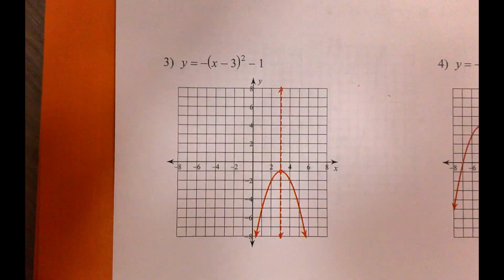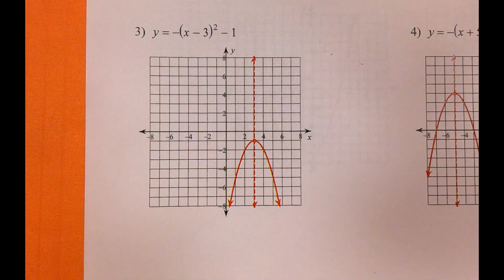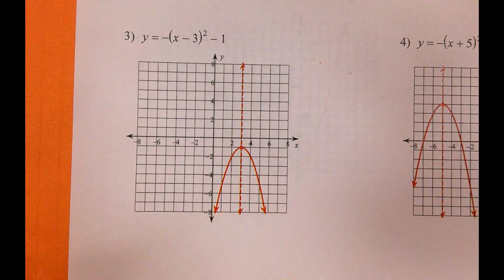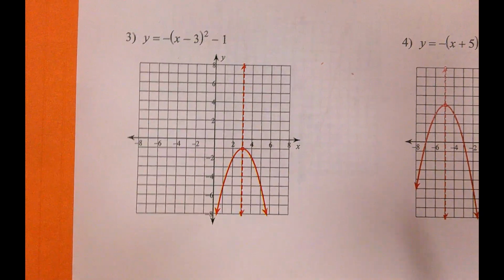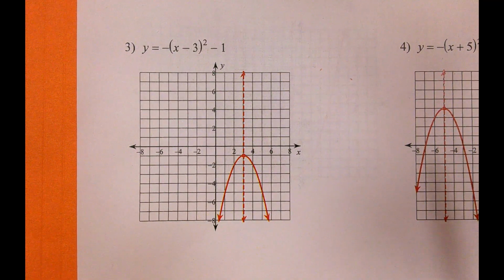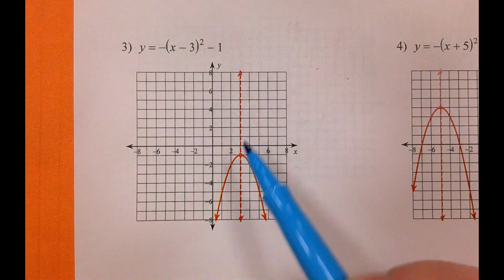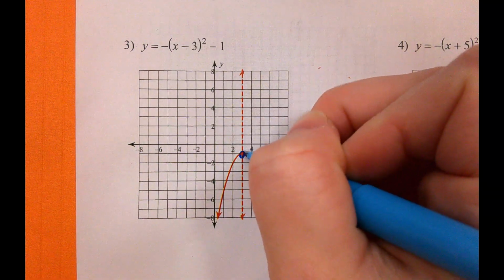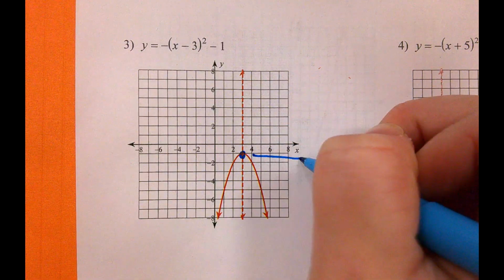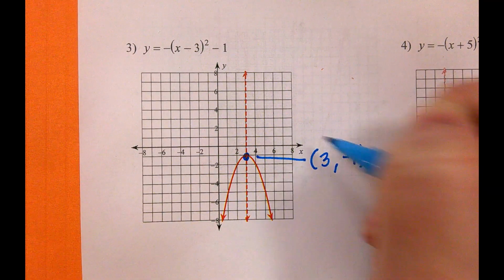Get my camera straight on it. And now, ooh, I gave you a tricky one on accident a couple times. Let's see. So first, let's identify the vertex. Where is my vertex? 3, -1. Good. 3 on the x, -1 on the y. That's our vertex.